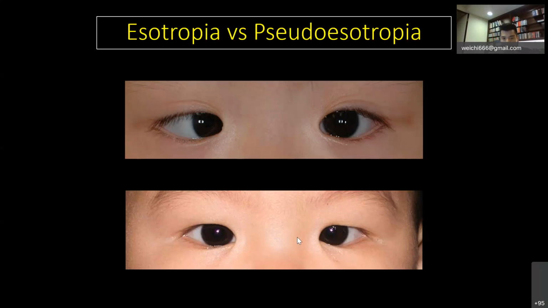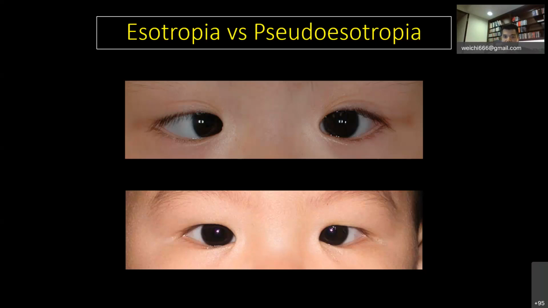This eye seems to have esotropia because there's a very widened nasal canthus. The nasal bridge is very wide, so it makes you feel that there seems to be internal rotation of the left eye here.